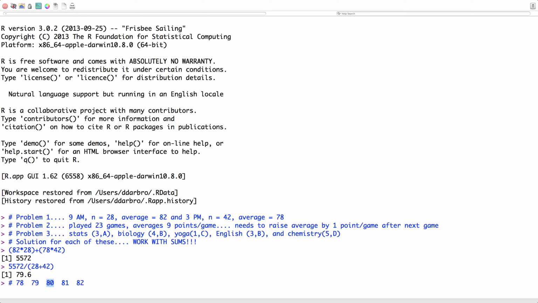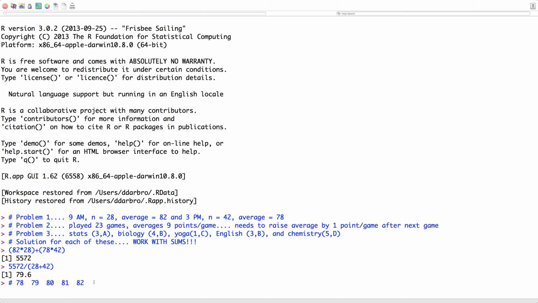So before I even work the problem, realizing that 80 is right in the middle of 78 and 82, I knew that the mean was going to be below 80, drawn toward the 78, because more students contributed to this.